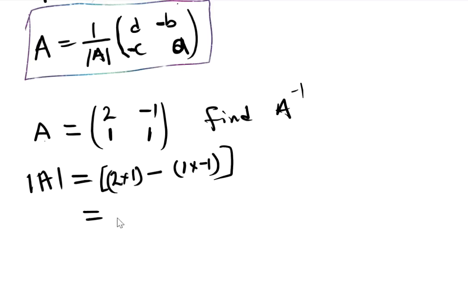And this is equal to 2 multiplied by 1 is 2, and minus 1 multiplied by minus 1 is minus 1, so the determinant of A is equal to 2 plus 1, which is equal to 3.